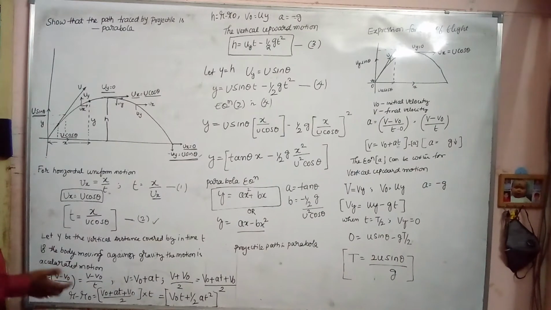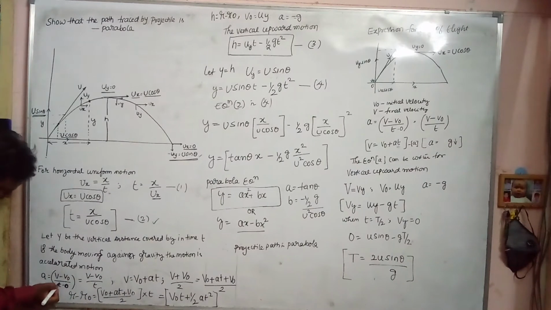If I am taking the initial time as 0, and the final time reached as t, so v minus v naught.